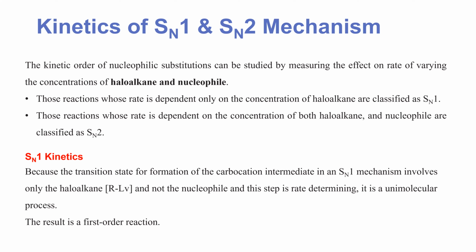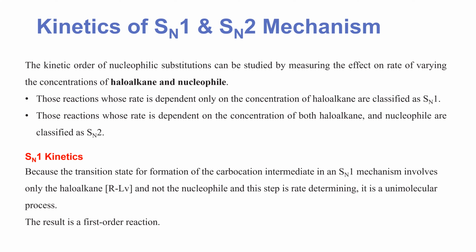Those reactions whose rate is dependent only on the concentration of haloalkane are classified as SN1, because only the haloalkane is involved in the rate determining step. Those reactions whose rate is dependent on the concentration of both haloalkane and nucleophile are classified as SN2. Those are the two things we have already built from our previous discussions.